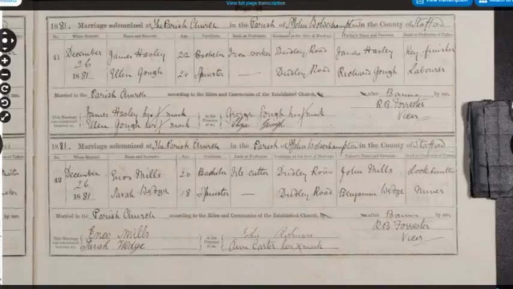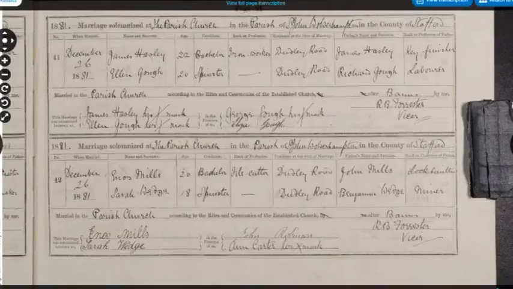That's something else I found out with later research: as well as there being a big iron industry in Wolverhampton, it's also the home of Chubbs, the famous lock and key maker. And I'm sure James probably worked at Chubbs.